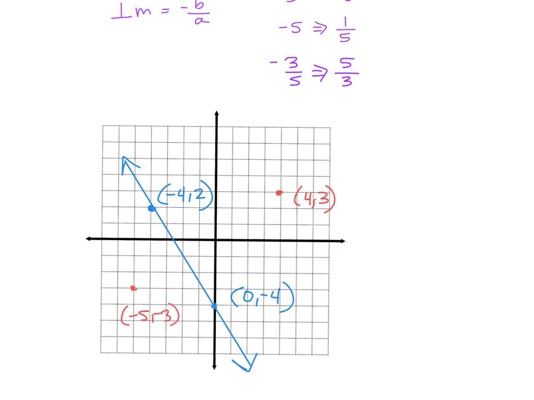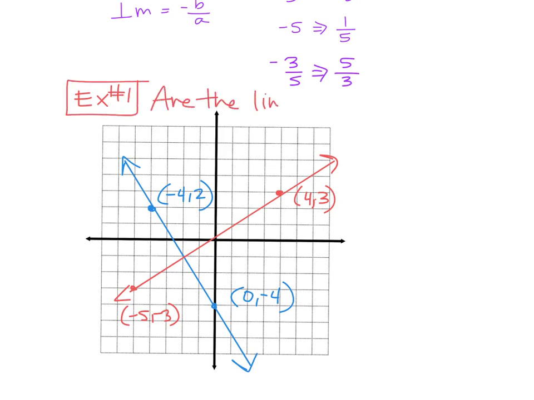Okay, if I draw that line in, the question is, are these lines perpendicular? So this is our example 1. Are the lines perpendicular? How would you determine if those are perpendicular?